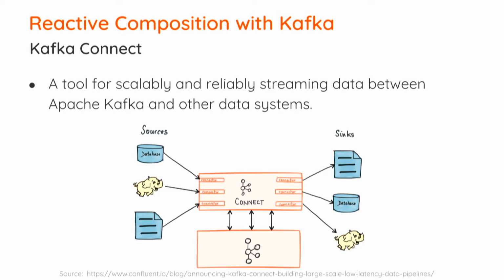You can use source systems as well as sink systems. So here you get data from all these different data sources and pump them into Kafka, as well as you can create sinks out of the existing Kafka topics, for example.